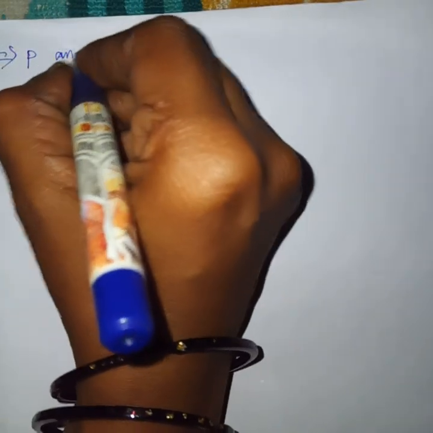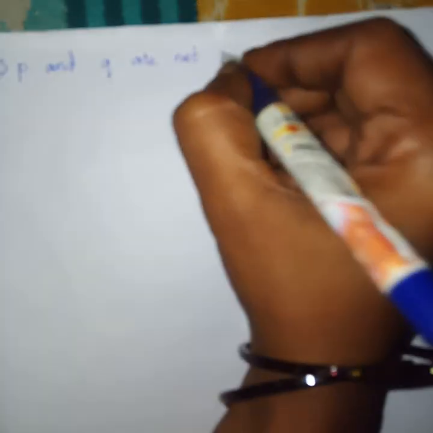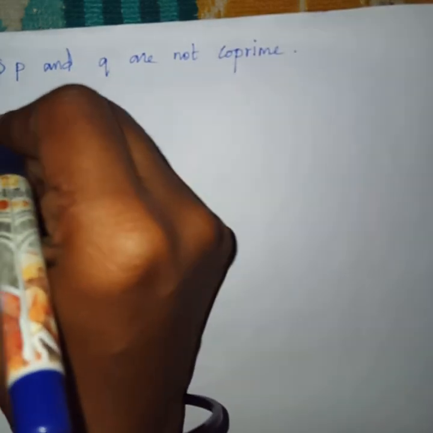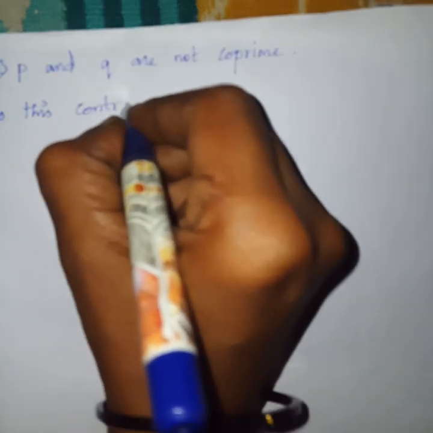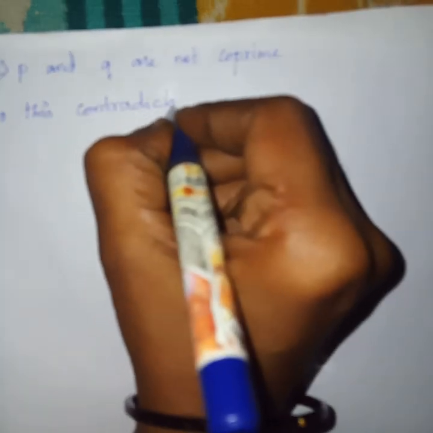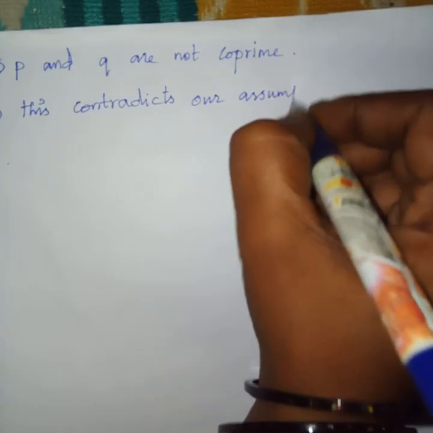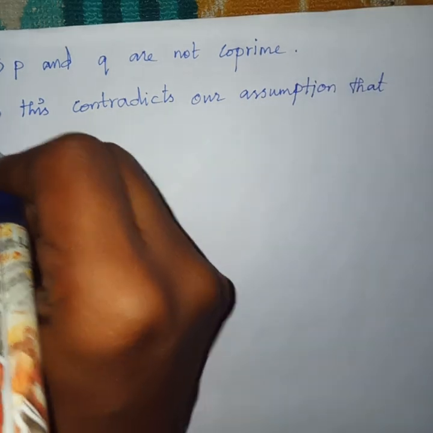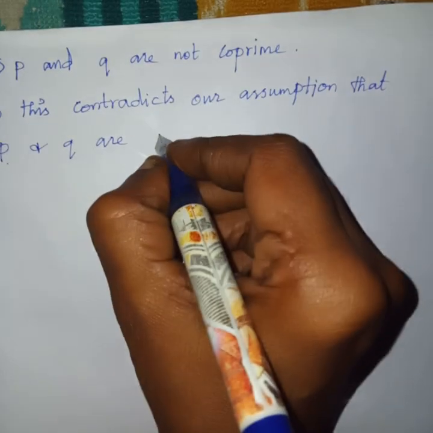So p and q are not co-prime. This contradicts our assumption that p and q are co-prime.